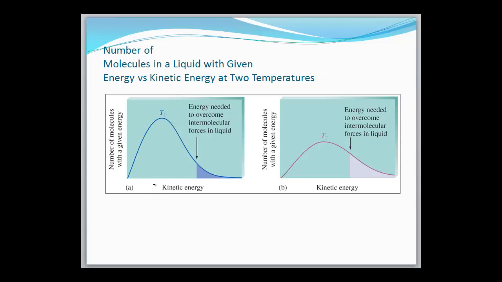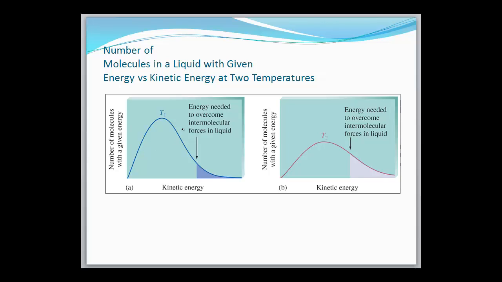This diagram is a probability distribution. And when you take your calculus course, what you're going to talk about is that the space underneath the curve represents 100% of the molecules. Our x-axis here represents kinetic energy, so essentially it's temperature.